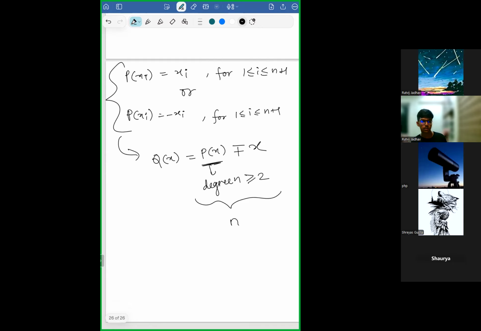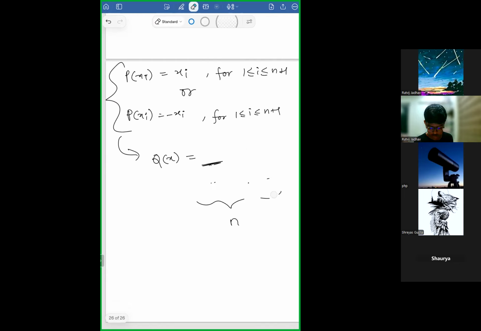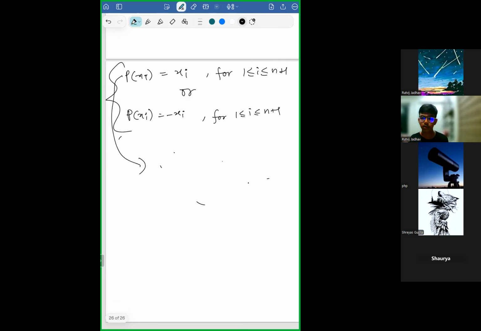Do you get this? Can you repeat the line you just said? Yeah. Okay, wait, I think this notation might be a bit confusing. So in the first case, where p of xi equals xi for i between 1 and n plus 1, then we consider the polynomial q of x equals p of x minus x. Can you tell me what the roots of q are? All xi's.